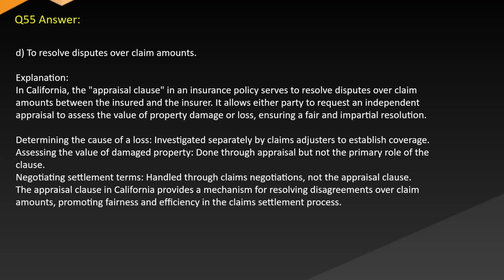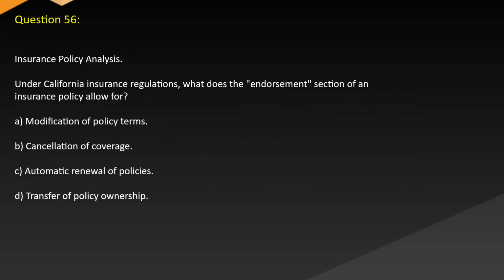Assessing the value of damaged property is done through appraisal but is not the primary role of the clause. Negotiating settlement terms is handled through claims negotiations, not the appraisal clause. The appraisal clause in California provides a mechanism for resolving disagreements over claim amounts, promoting fairness and efficiency in the claims settlement process.